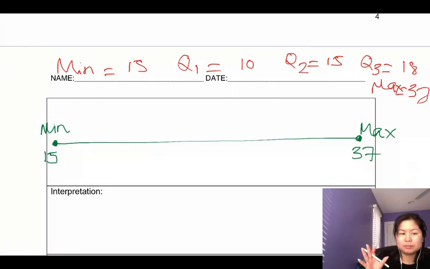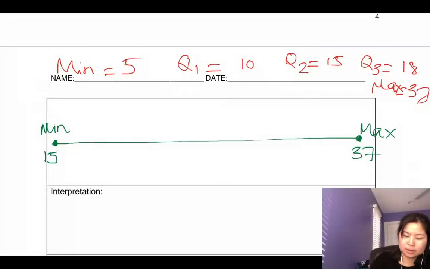So I'm going to do approximately. Sometimes you run into a problem where the next one is 16, 17, 18. What we can do is approximate. So 10, did I do it wrong? The minimum is not 15, sorry, the minimum is 5, sorry.